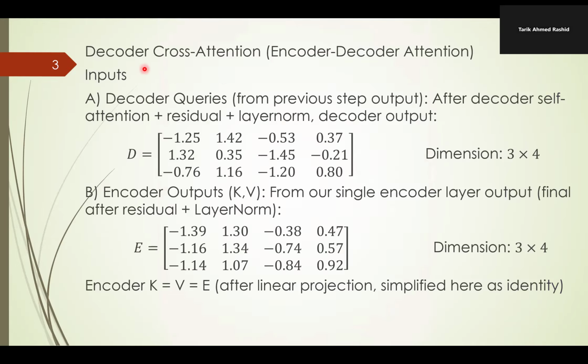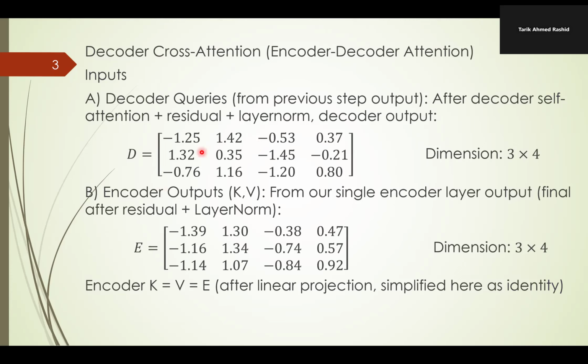So let's understand the mechanism and functionality of this work. Cross attention means that we have encoder-decoder attention. The inputs from the decoder, if we remember, in part 3 we had decoder self-attention plus residual plus layer norm.